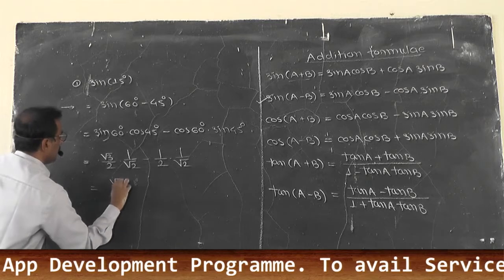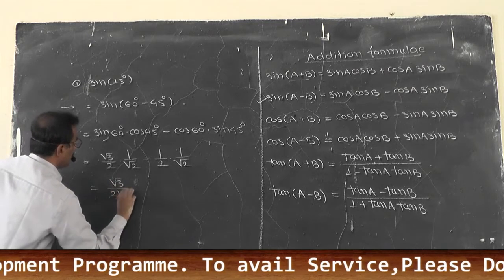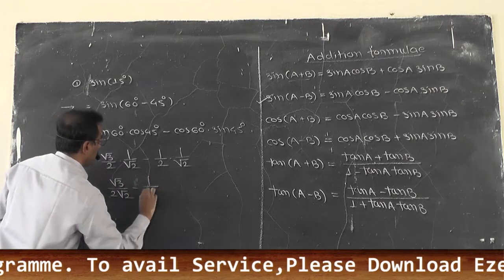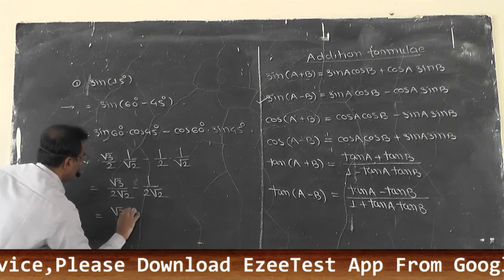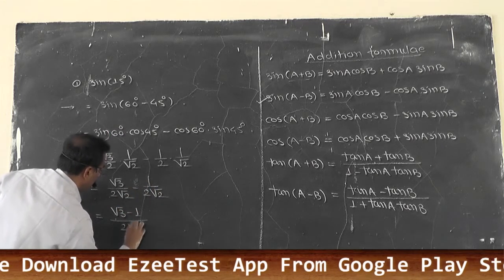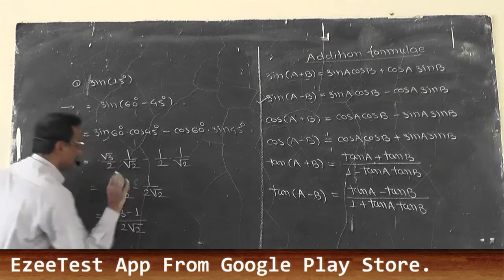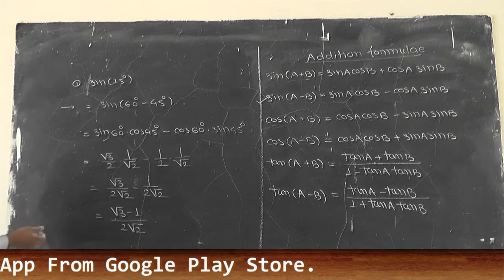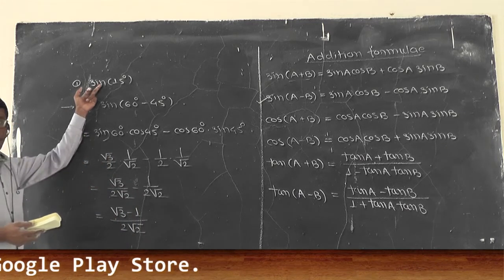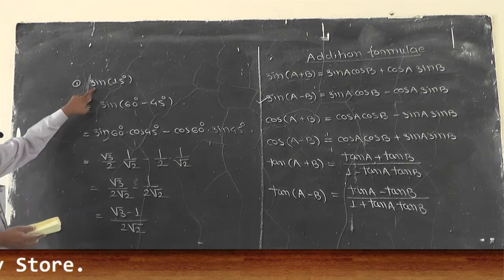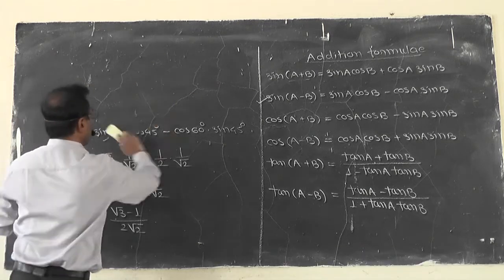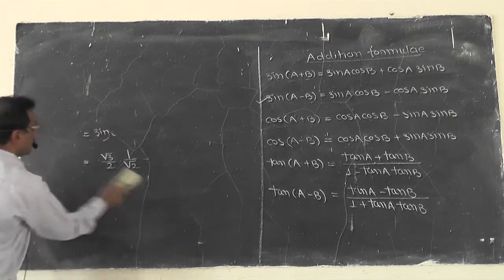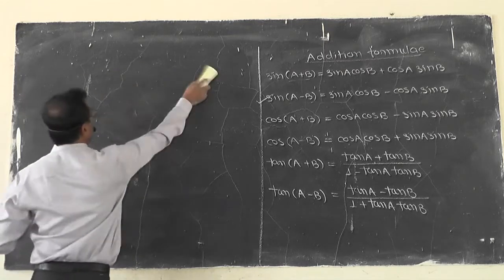So we are getting the value root 3 upon 2 root 2 minus 1 upon 2 root 2, and its value is root 3 minus 1 upon 2 root 2. It is the value of sine of 15 degree. In the same fashion we can find all the remaining examples. This is your first example. The answer is root 3 minus 1 upon 2 root 2.